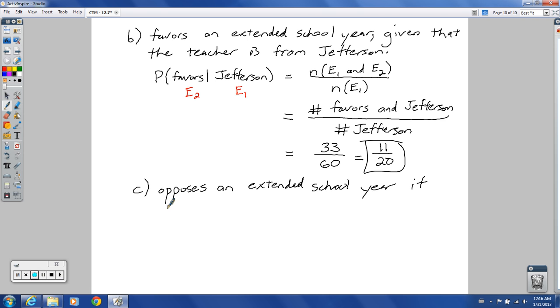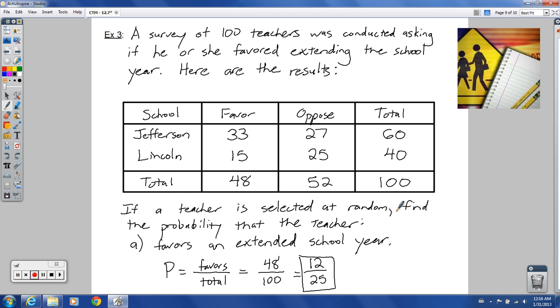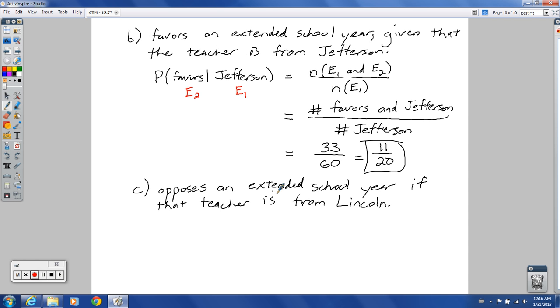If the teacher is from Lincoln. I worded this a little bit differently because I just wanted you to see that it's going to end up being the same thing. So this is a continued sentence from this year. If a teacher is selected at random, find the probability that the teacher opposes an extended school year if that teacher is from Lincoln.